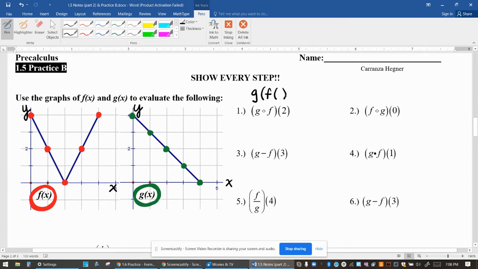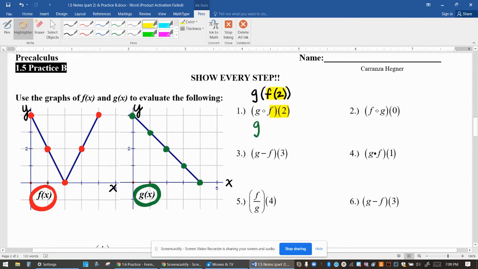In this case, g of f of 2. So those are both equivalent expressions. What they want you to do is take the first function, the g function, and substitute the answer to f of 2. Okay, so the first function you drop it down, the second function you evaluate at the value of f of 2.